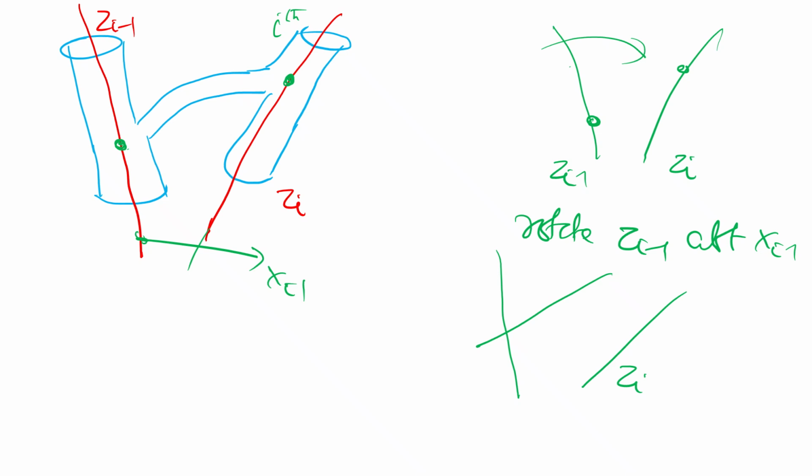This is my zi minus 1 and this is my zi. Now you have rotated this, so you have subtended some angle, and that angle is alpha i. So how did you get alpha i? Rotate zi minus 1 about the axis of xi minus 1 by the angle alpha i. Okay, now here we'll do this.